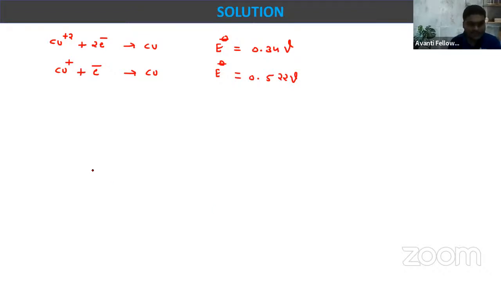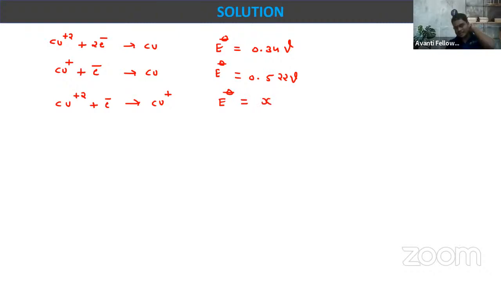Now again, when Cu2+ accepts only one electron, not two, it converts into Cu+. And their value is what? That is exactly what we need to calculate. This is x.